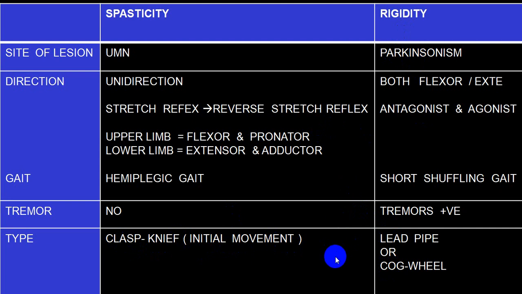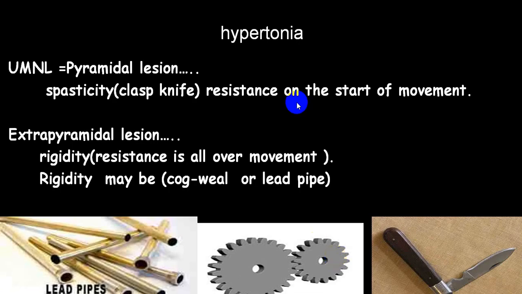This is a very important slide. It will help you a lot in your clinical practice, and can be asked in your oral, can be asked in your theory also. So when you compare with a lead pipe, very difficult to bend. So that type of rigidity if you get, it is called lead pipe type of rigidity.